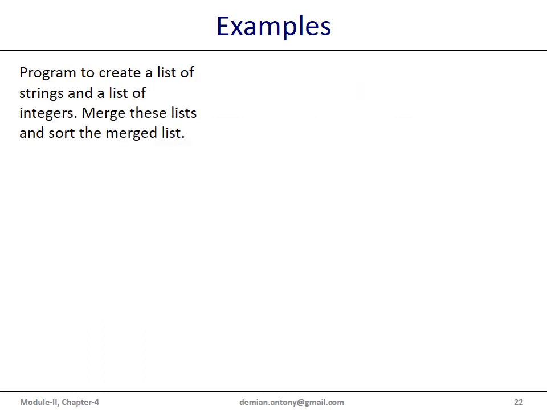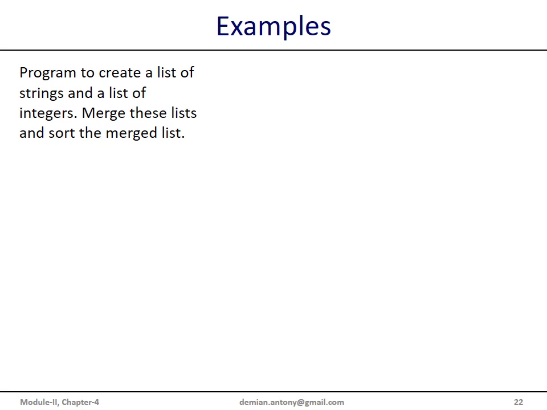In this problem, we have to create two lists. One list is for strings and another for integers. Merge these two lists and sort. This is quite a simple problem which can be solved by reading n strings from the user and n integers from the user.